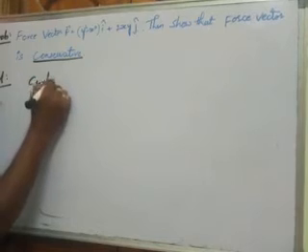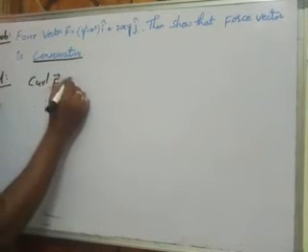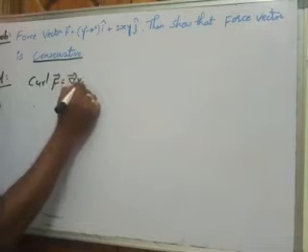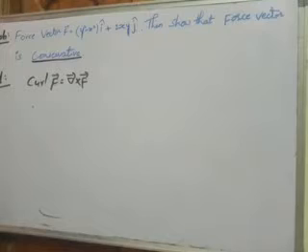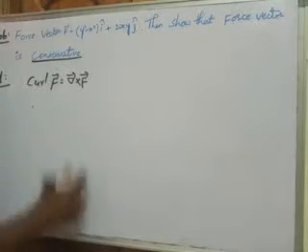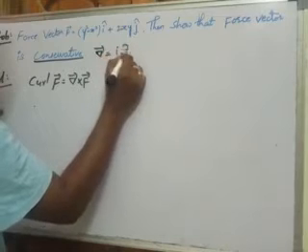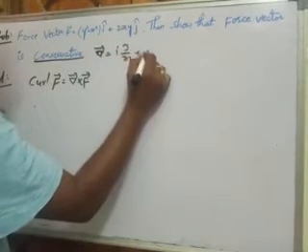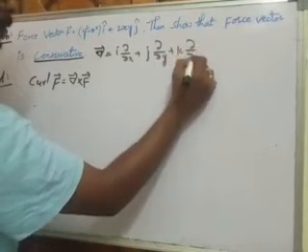Curl F bar can be written as del bar cross F bar. But what is del bar here? Del bar is i dou by dou x plus j dou by dou y plus k dou by dou z.